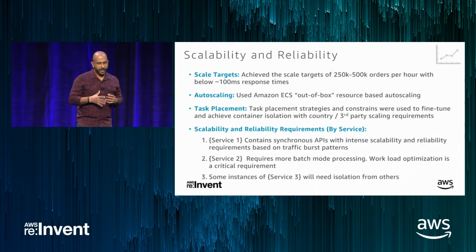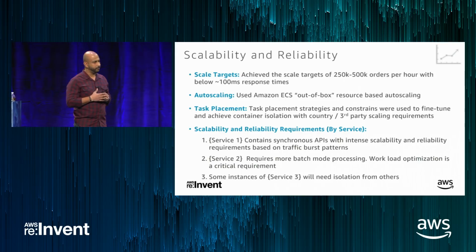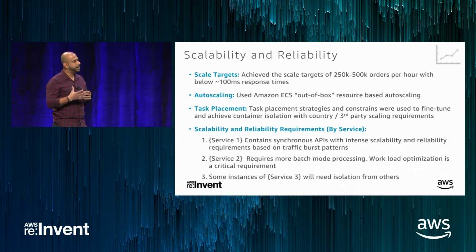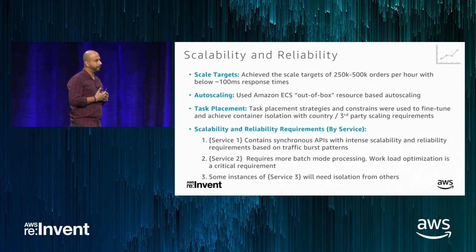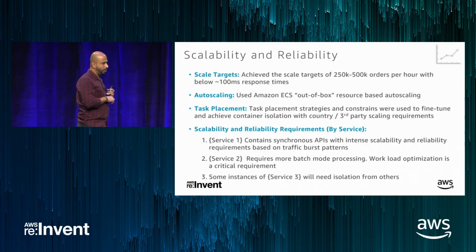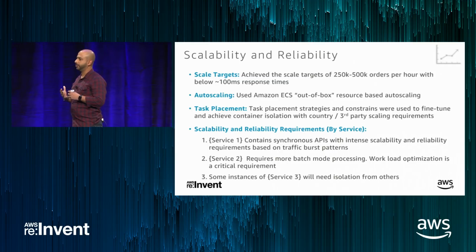Once we were done with that, we were able to achieve the targets of 250 to 500,000 orders per hour. The next task was to fine-tune this more. We got 2 more requirements, as Tilna mentioned before. The first was to make sure some of the containers run in isolation.